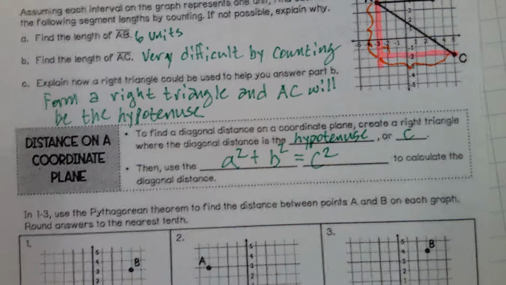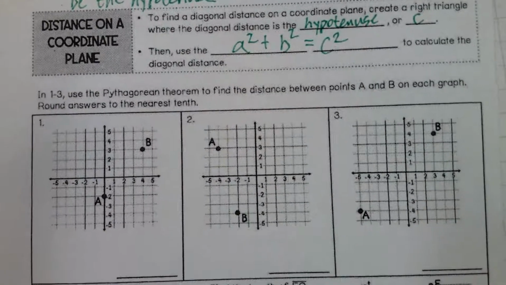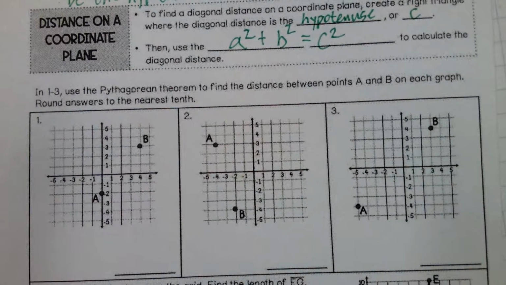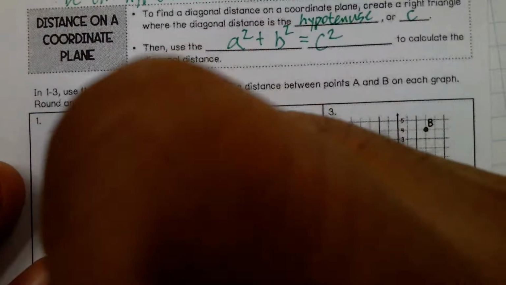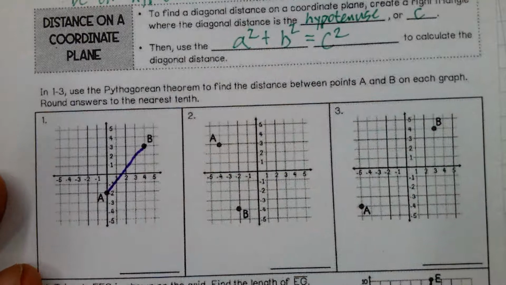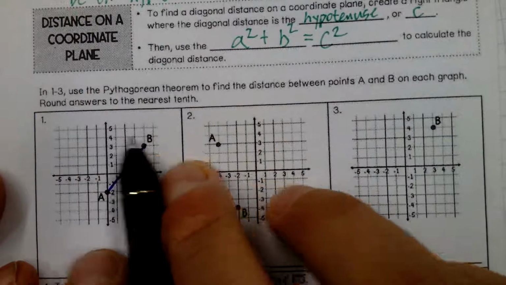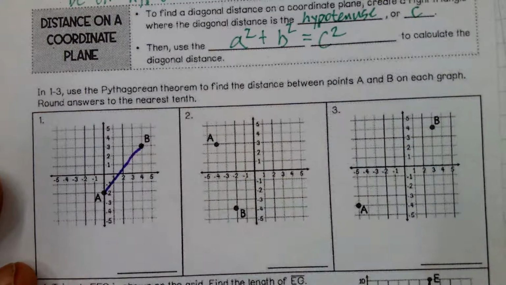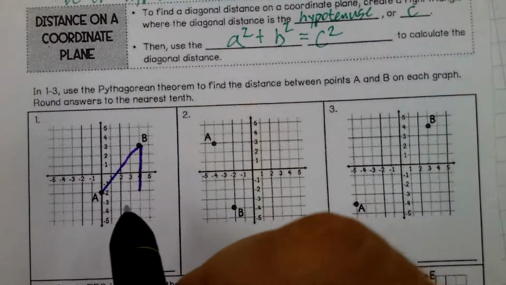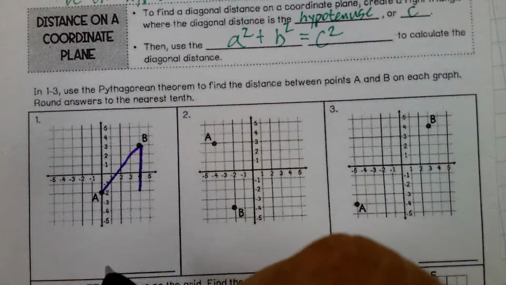so let's practice this. Move it on up. What we're going to do is find the distance of AB here. In order to do that, we need to form a right triangle. You can either start at A and go up and to the right, or start at B and go down and to the left, whichever you prefer. But it has to be straight up and to the right or straight down and to the left.